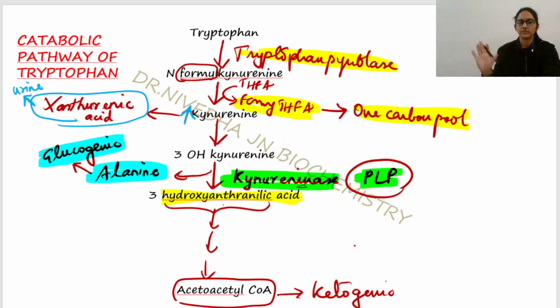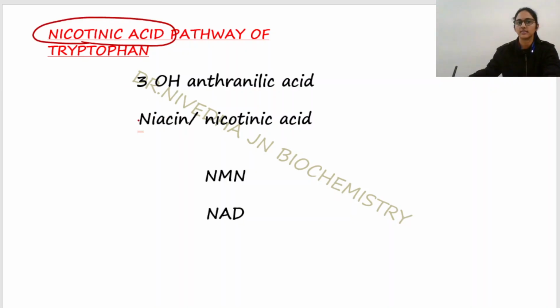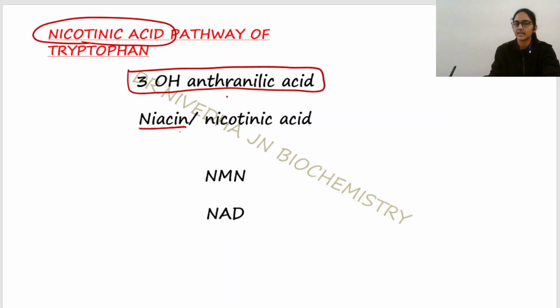So about 97% of your tryptophan will enter into this pathway only, right? So a few, like 3%, of the pathway will be diverted towards nicotinic acid synthesis, which is nothing but niacin. Now 3-hydroxyanthranilic acid, as I had mentioned before, is necessary for niacin synthesis.